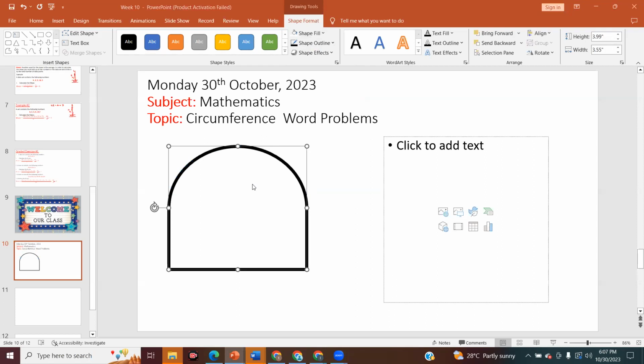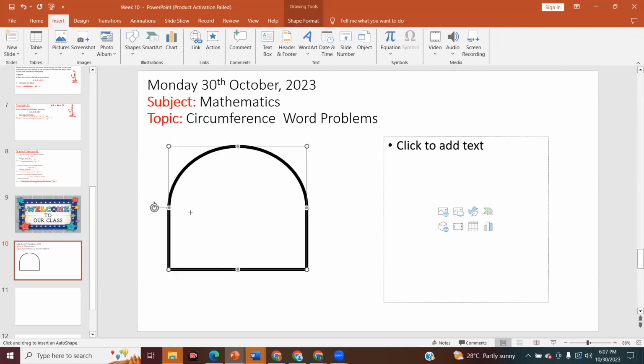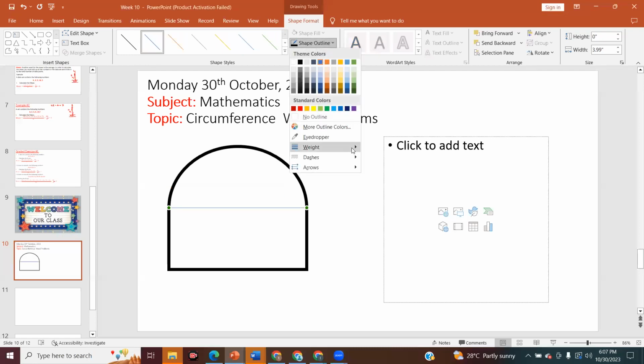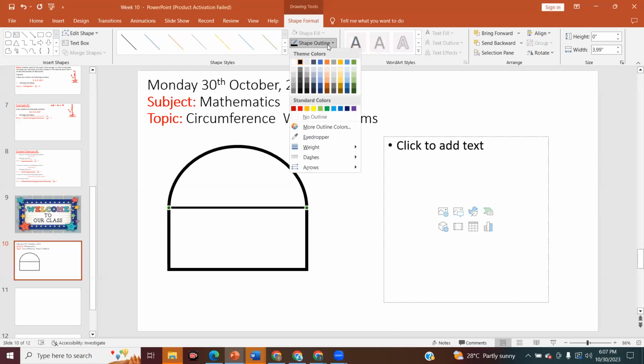Same thing for perimeter. Make sure you draw it neatly, and make sure I can see it properly, so don't draw it too small.